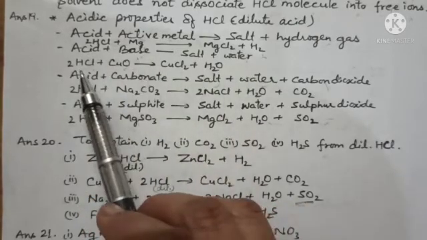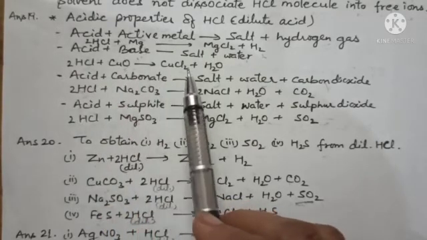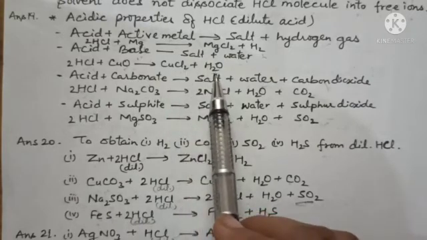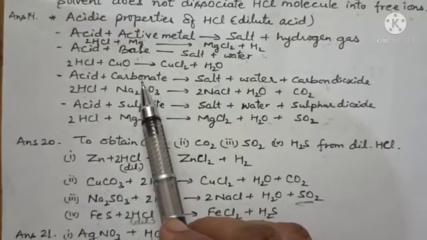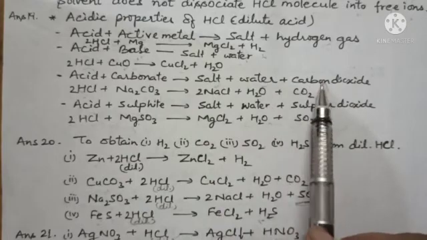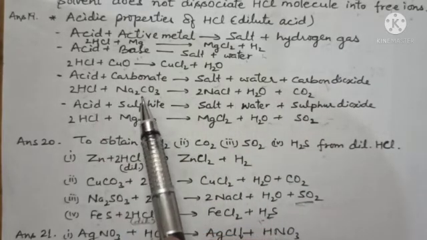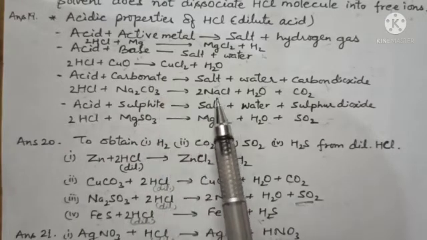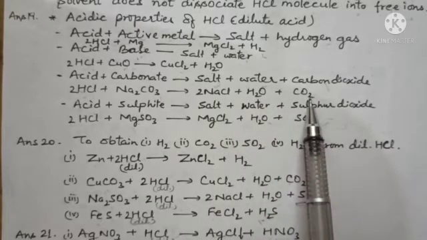So when dilute hydrochloric acid HCl reacts with copper oxide, which is a base, it gives you copper chloride, CuCl2, and H2O, water. When dilute acids react with carbonates or bicarbonates, they always give salt, water, and carbon dioxide. So dilute hydrochloric acid, when it reacts with sodium carbonate or sodium bicarbonate, always gives sodium chloride, water, and carbon dioxide.